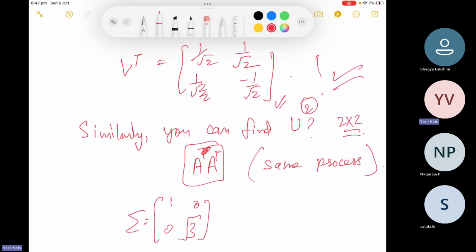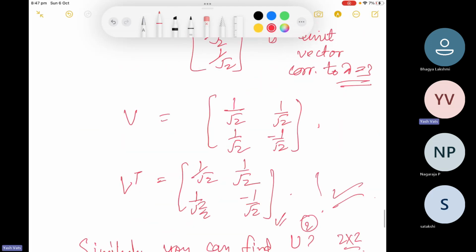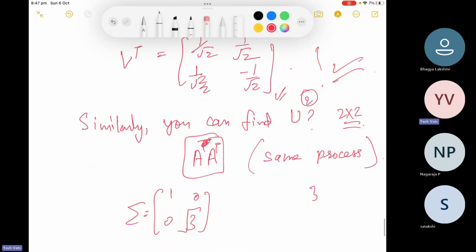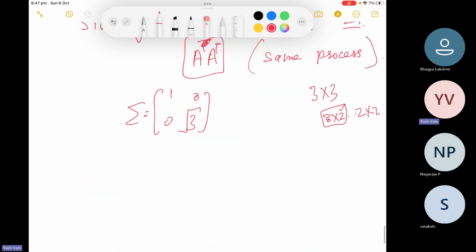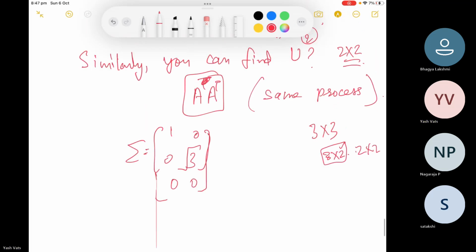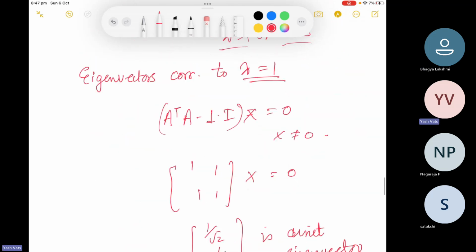And what is the dimension of U? I think that will be 3 by 3, and 2 by 2, and in between you have to fill the box. In that case, you will have 3 by 2. Yes, you're right. So it should be 3 by 2. So in that case, you have 3 rows and 2 columns. Is that all right? Okay, sir. Yes, sir. You have to check the dimensions then.